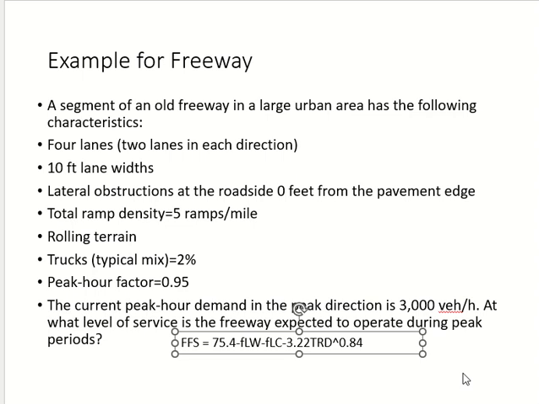What else? The ramp density, okay. The ramp density is given here, 5 ramps per mile. This is my TRD value. Now, as he said, lane width is given, but FLW is not lane width. It is a factor of lane width. So using the lane width, I will find out the factor.